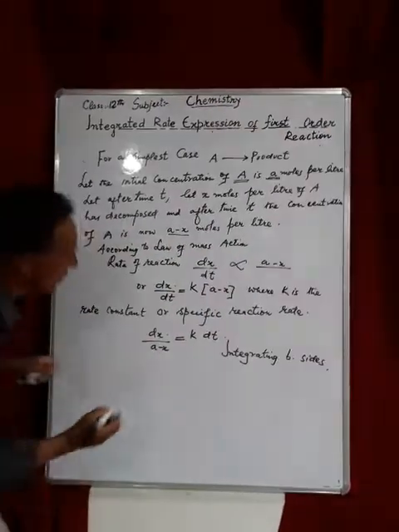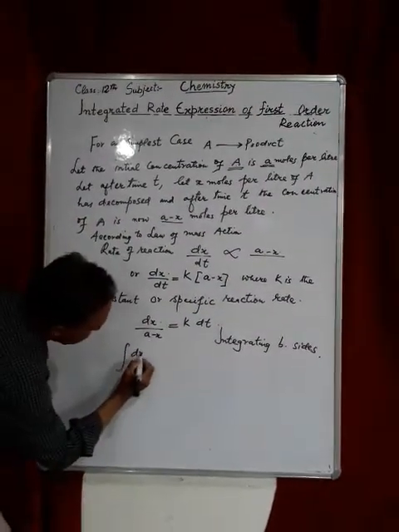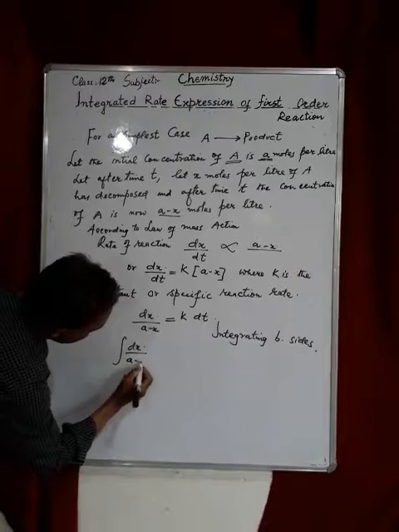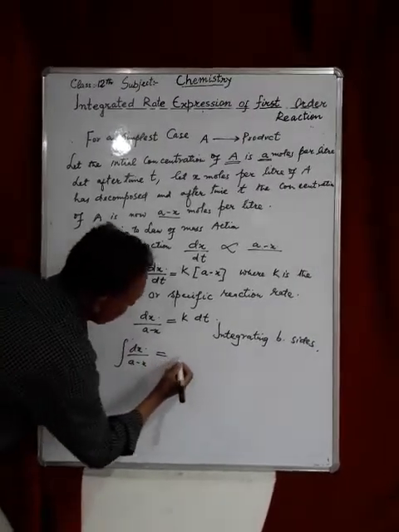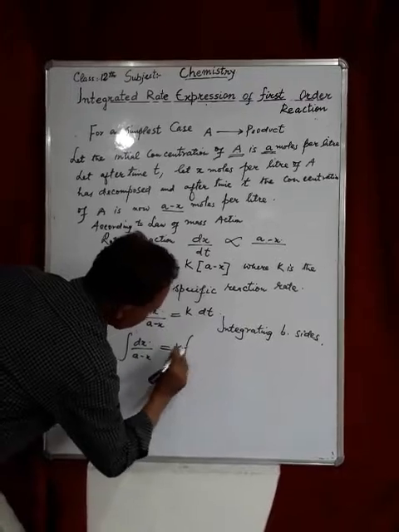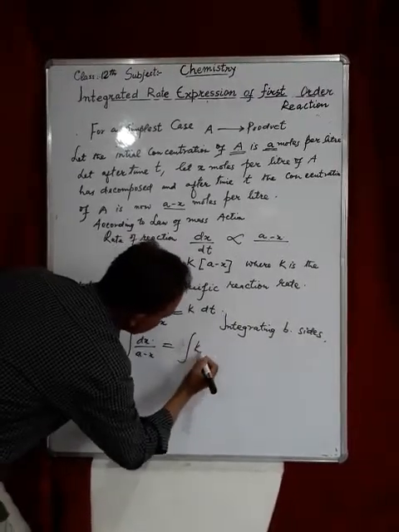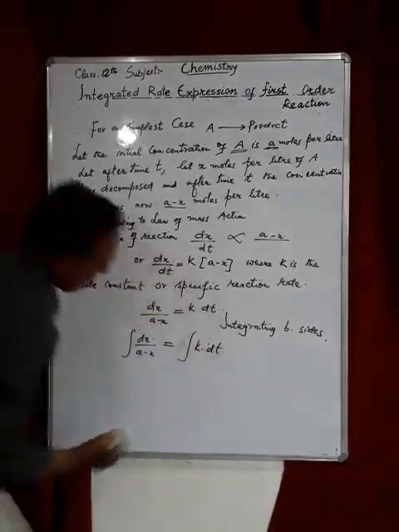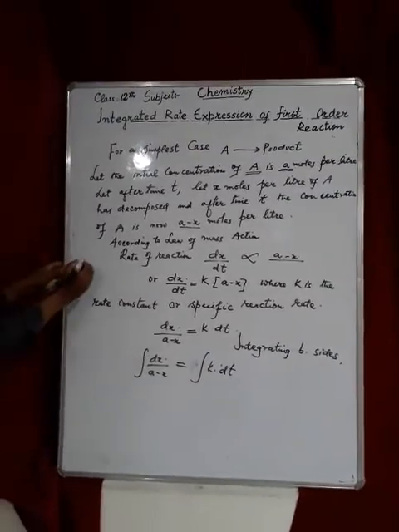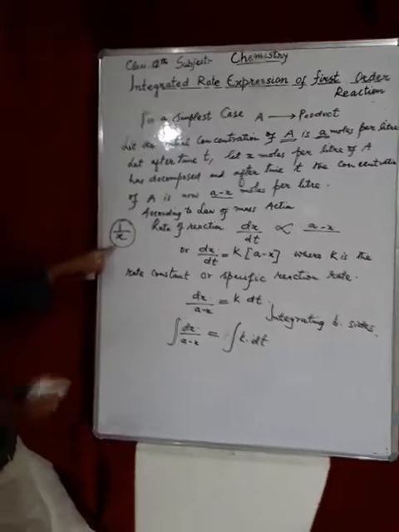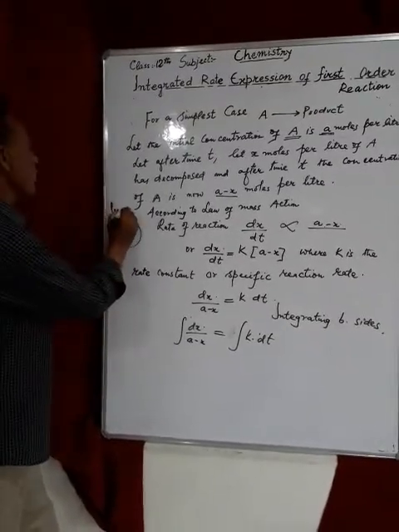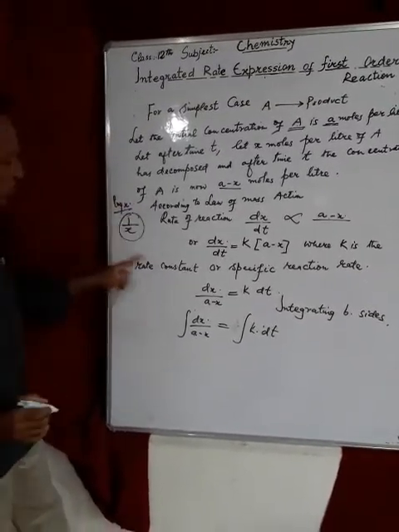The integration of 1 by a minus x with respect to dx, k is constant, and we can write k dt. The integration of 1 by x is log natural x.